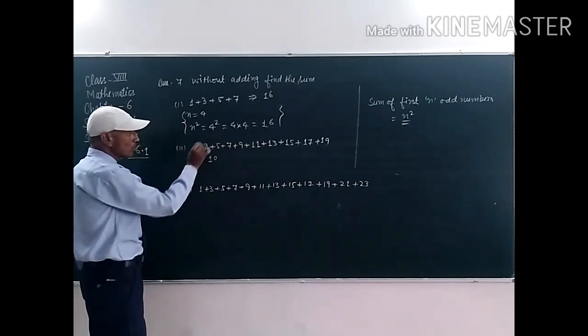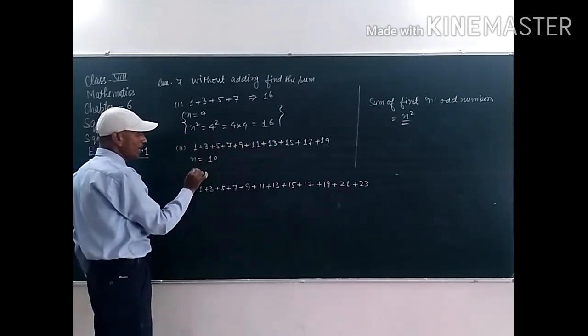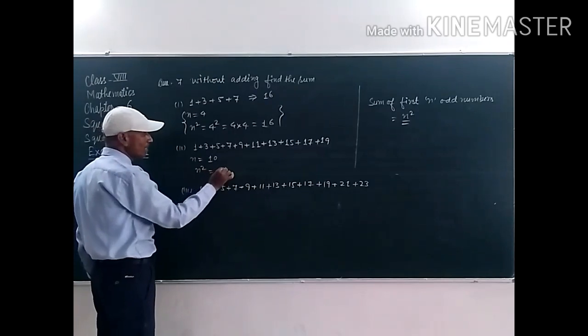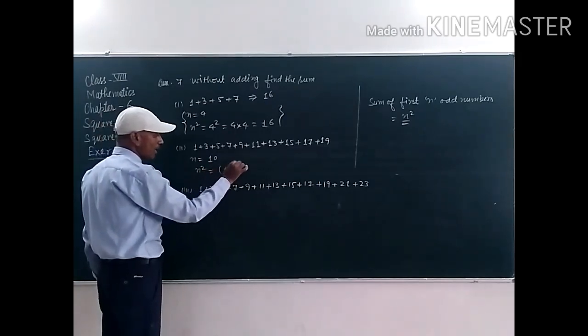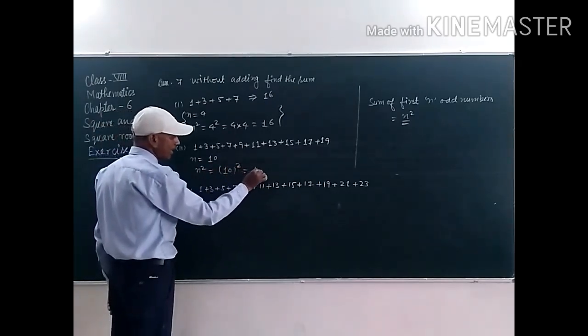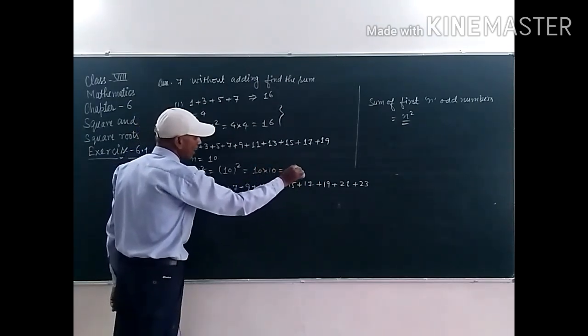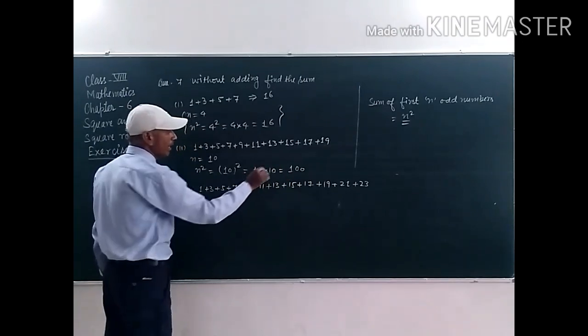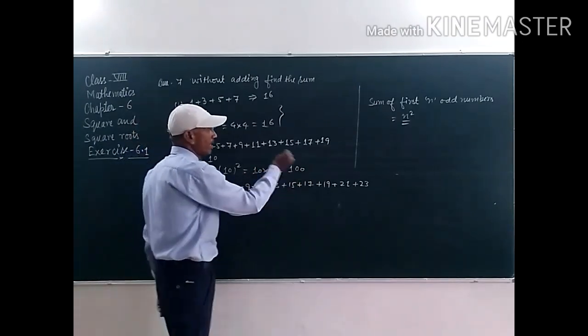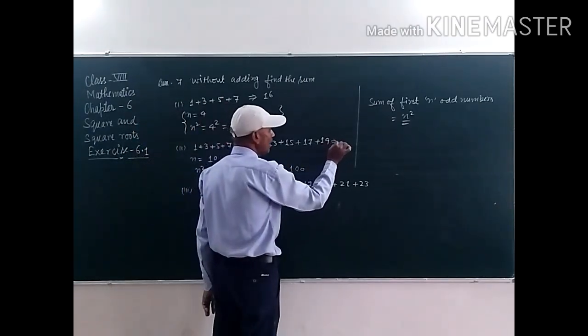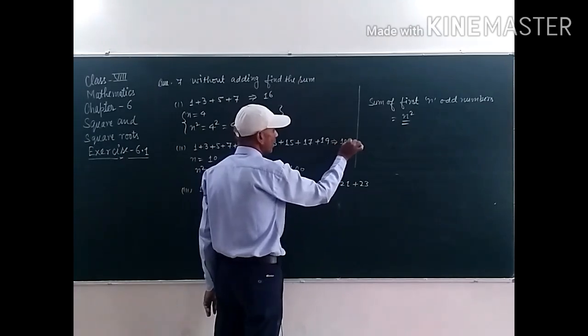Clear, student? So this one will be n square. N square means 10 square, means 10 into 10. It will be 100. 10 10 ja 100. So it will be 100. The sum of these numbers will be 100, student. Clear?